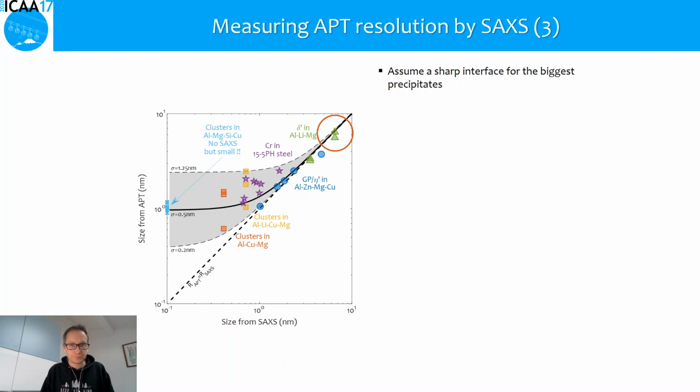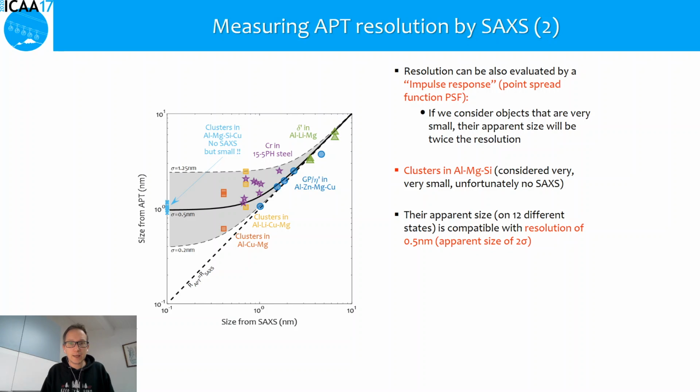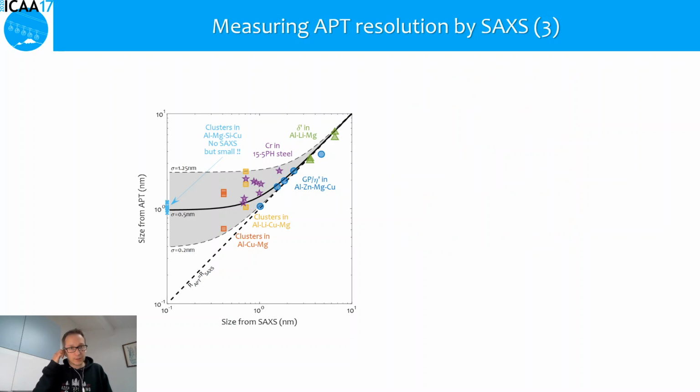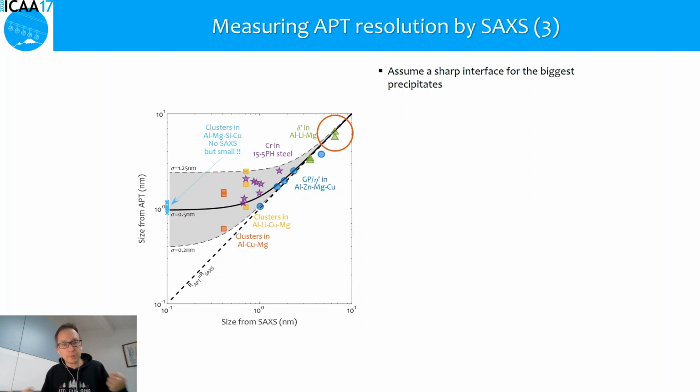Now, there is a third way to measure the spatial resolution, which is to assume a sharp interface at the precipitate. So for this, you'll have to concentrate on the bigger precipitates. So I went back to the aluminum lithium precipitates that I've measured some time ago.